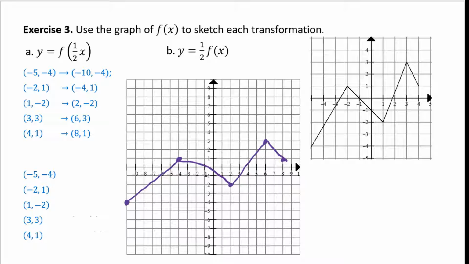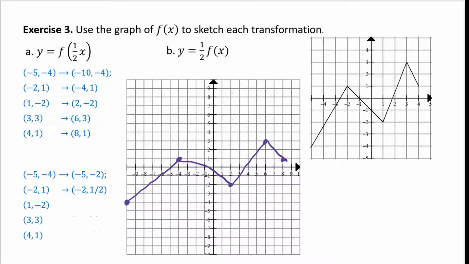factor of 1/2. So, the ordered pair -5, -4 transforms to -5, -2. Remember, we are multiplying by 1/2. The ordered pair -2, 1 becomes -2, 1/2.